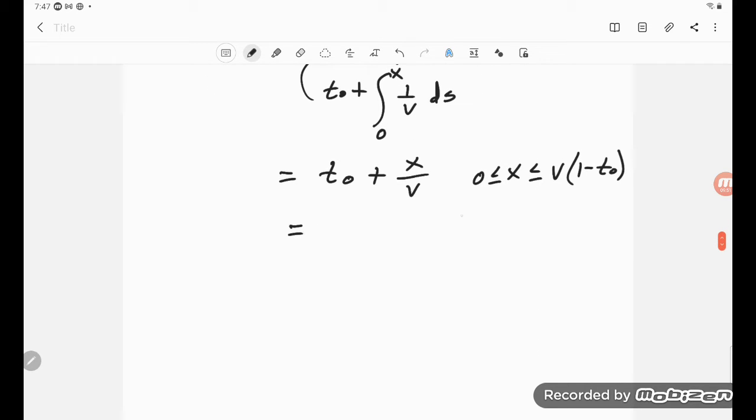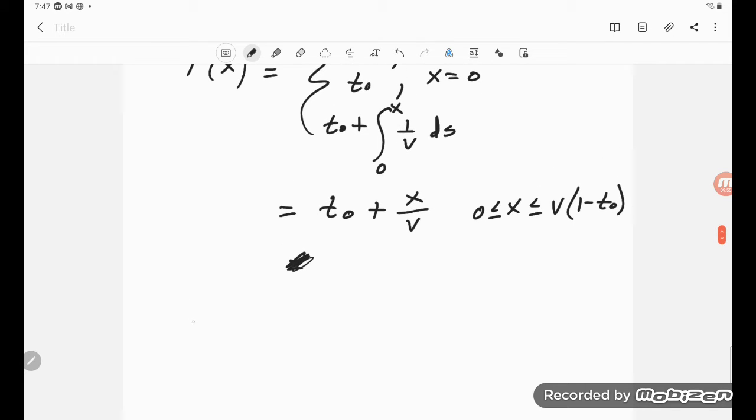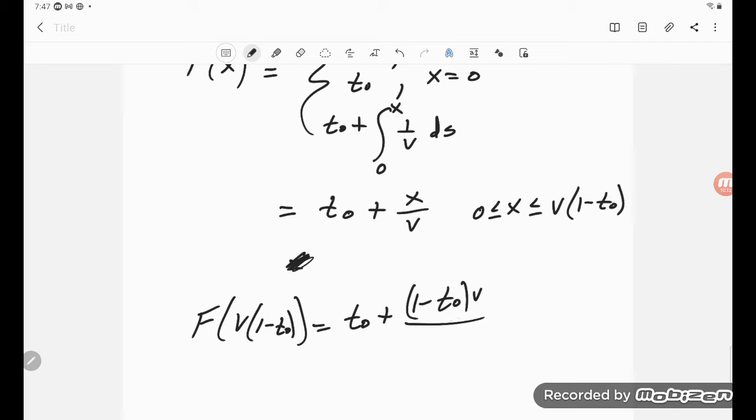And so, you know, if I plug in that x max, so f of v times 1 minus t0, that's equal to t0 plus 1 minus t0 times v over v.